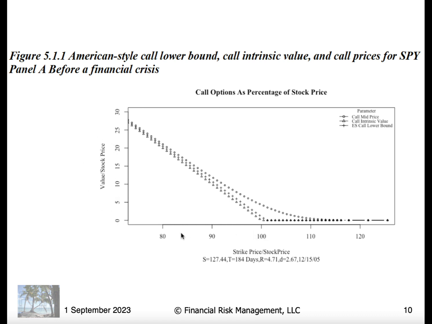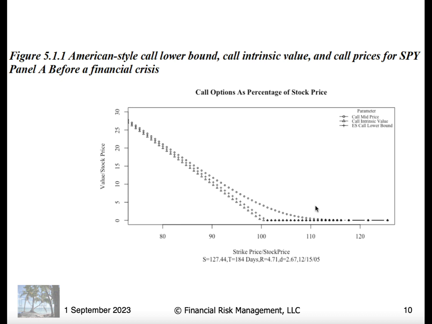For the lower strike price, the higher the call option because it is further in the money. This looks backwards if you're familiar with these hockey stick diagrams. It looks like I've got it backwards. But because I'm normalizing by the stock price, as I lower the strike price, the stock is further in the money.